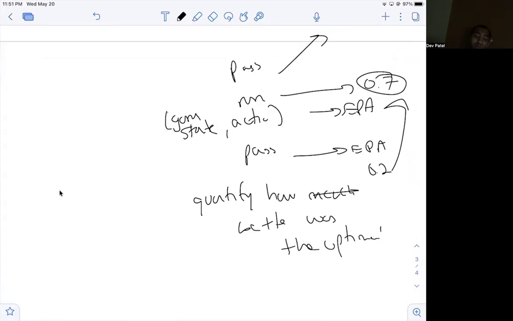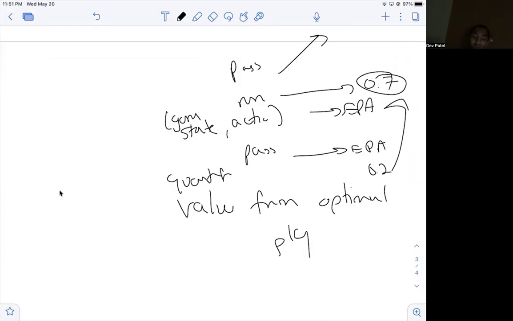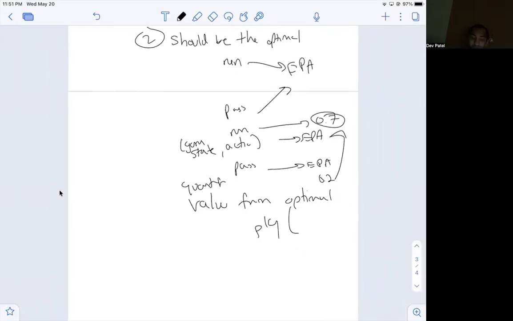So how much was the value added from selecting the optimal play, rather than the suboptimal play?